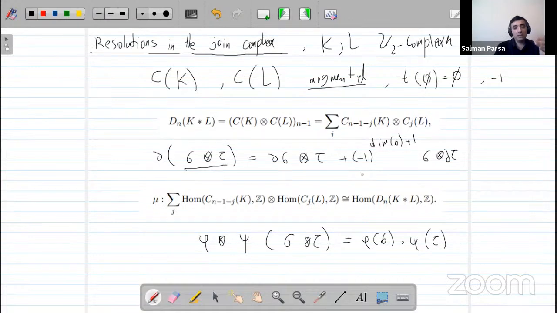So now we have this relation between the chain complexes and cochain complexes, and we also have the one.